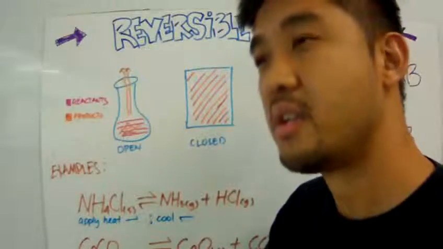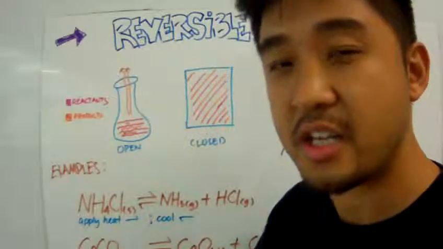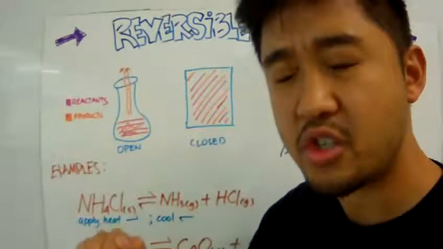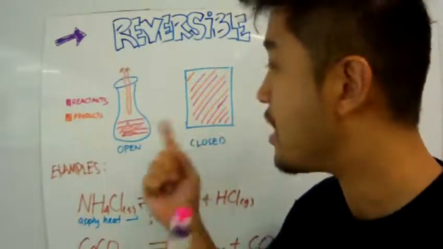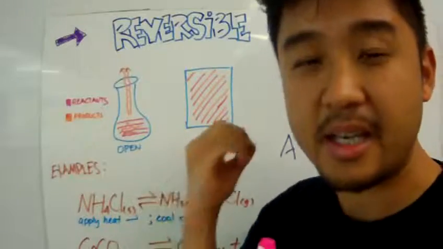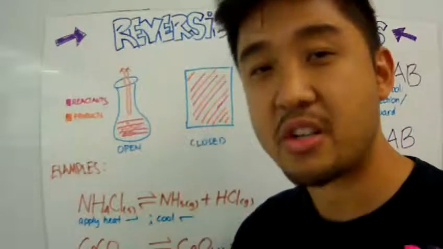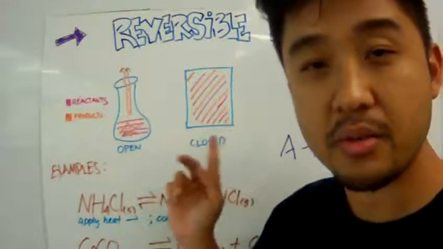And if the collision is energetic enough that it can overcome the minimum activation energy barrier, it can make reactants back again.